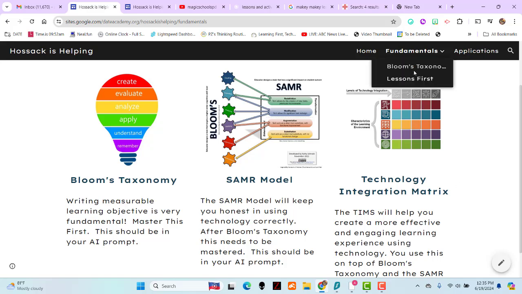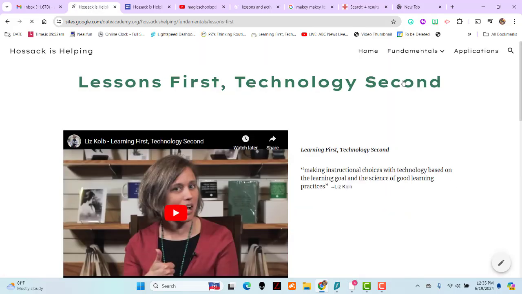In integrating technology in the classroom, we always have to keep in mind: lesson first, technology second. One of the things that I do is that I don't really wing it. I always seek informative, educational choices to teach our students. They have to be research backed.